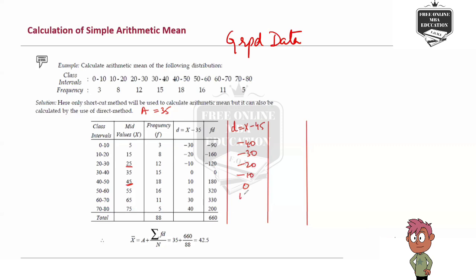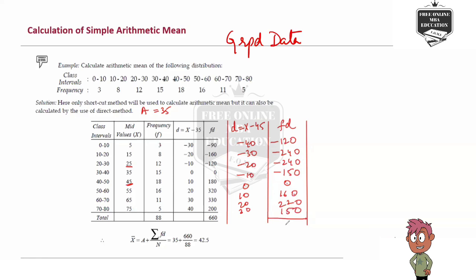It would be 10, 20, 30. I need to calculate what is f of d. So 3 into this is minus 120, then 8, 12, 15, 0, 16, 220, 150. Just sum it up.